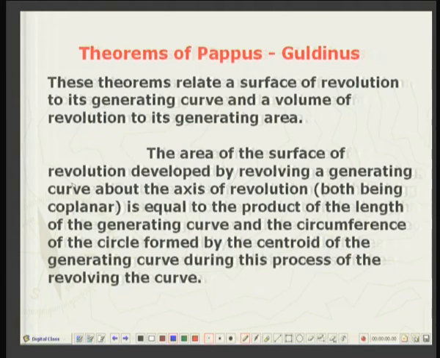Remember, a surface of revolution is a two-dimensional configuration. So the surface of revolution is correlated to the generating curve, which is a one-dimensional manifold. Similarly, the volume of revolution is related to the generating area, which is a two-dimensional manifold.